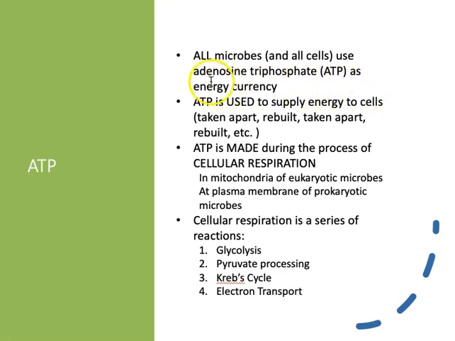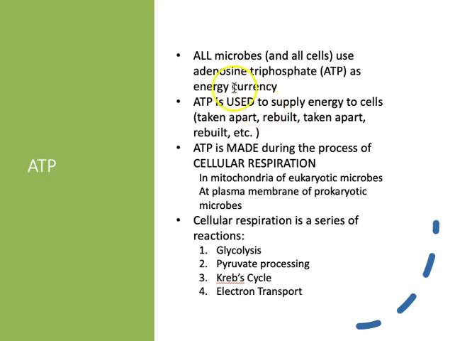Every time the phosphate group on the outside of ATP gets removed, the covalent bond holding it on gets broken. And when bonds are broken, electrons get released from that bond. And electrons are the carriers of energy. So when ATP is broken, energy gets released.